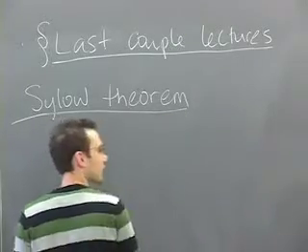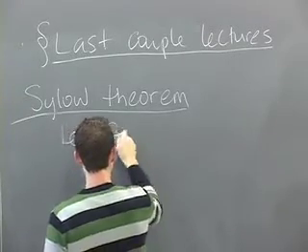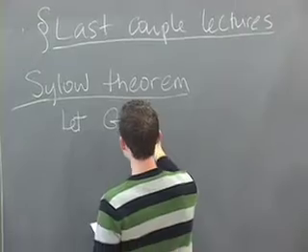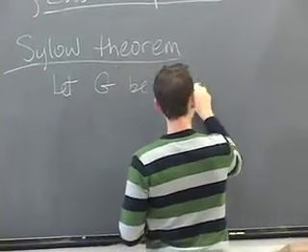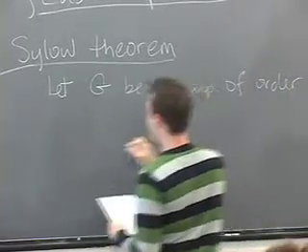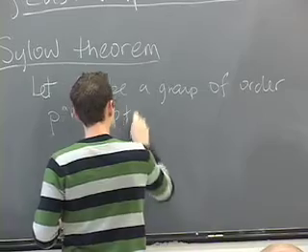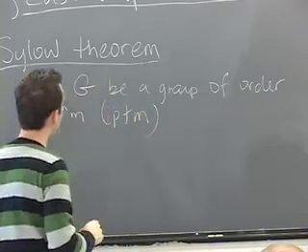The main hypothesis for the Sylow theorem, as we've learned it, is that we have a group and we write its order as some p^n m, where p doesn't divide m.